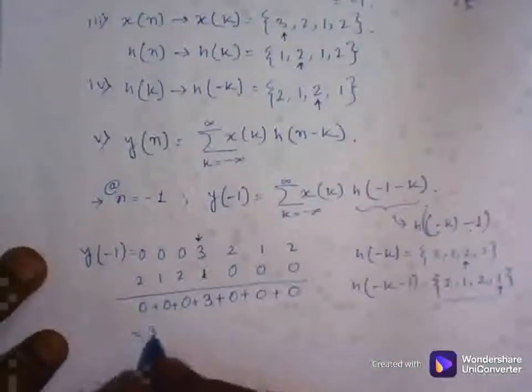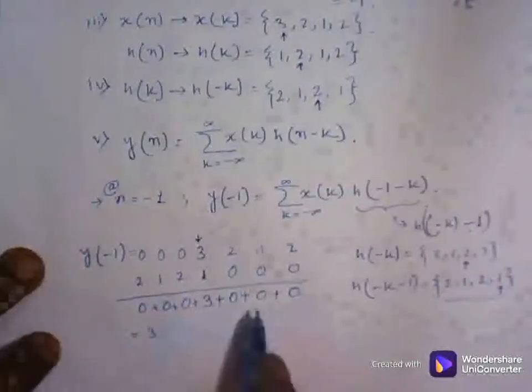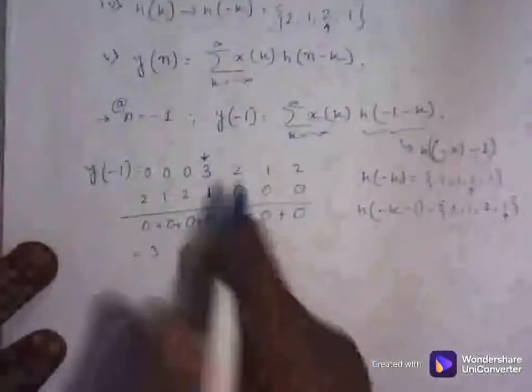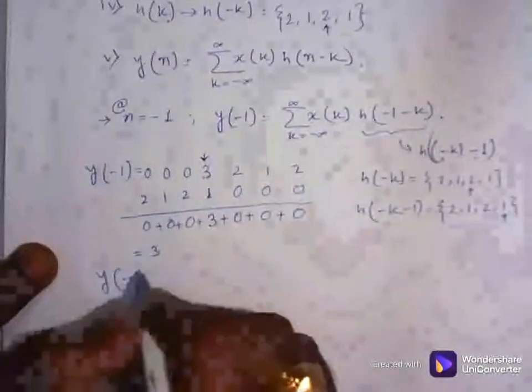Because the summation is added, this process is known as the convolution sum. So the value of y of minus 1 will be 3.